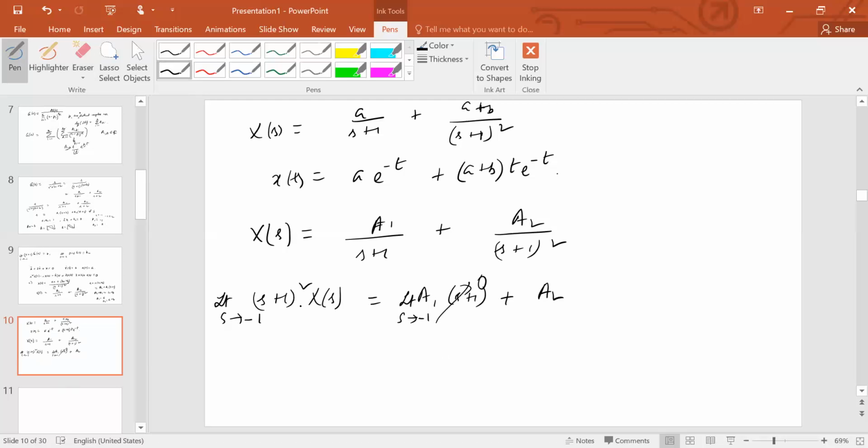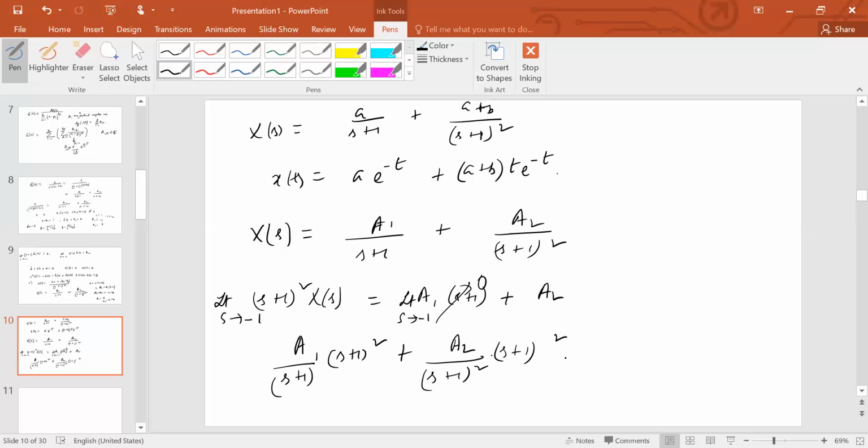You take a1 over s plus 1, plus a2 into s plus 1 squared, right?